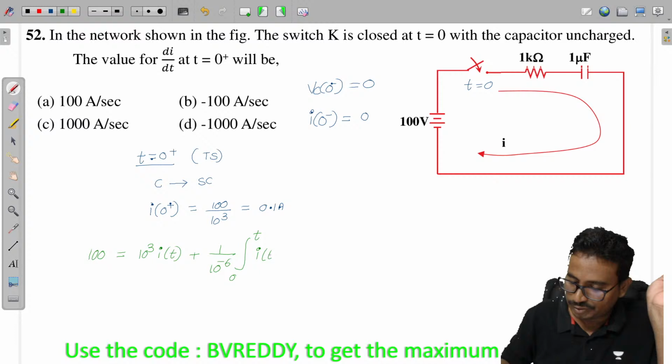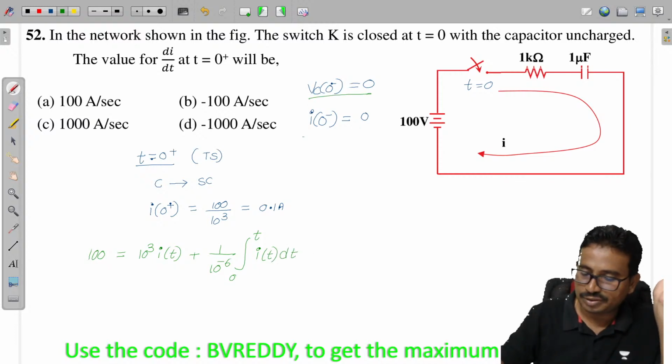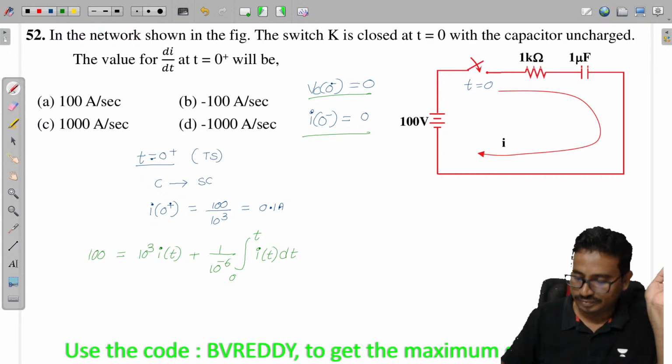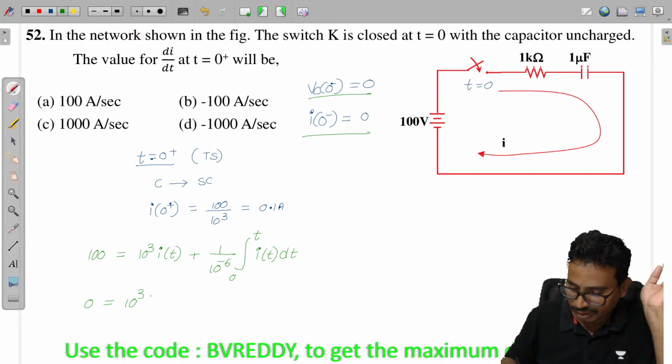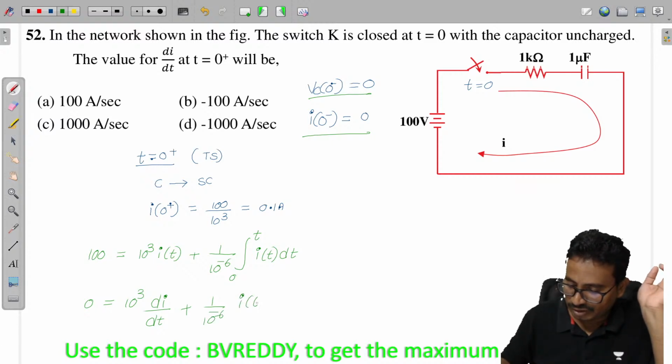As we know, the initial voltage is 0 and the initial current is 0. Now if I differentiate both sides, it becomes 0 equal to 10 cube into di by dt plus 1 by 10 power minus 6 into I of t.